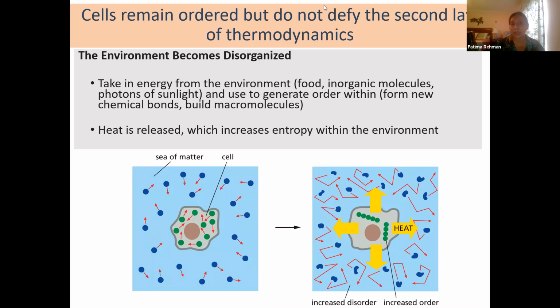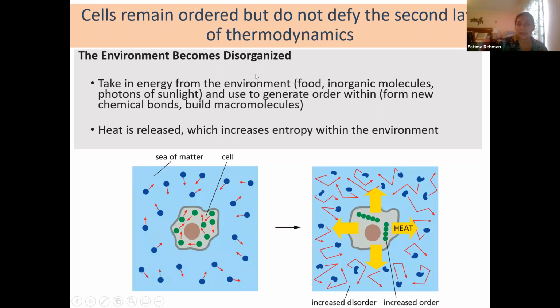And that heat, when it is released, is what our body uses to maintain our body temperature, but it can also be used to do work in our environmental system. And secondly, overall, what we end up doing is creating entropy within the environment that we are surviving in. So while we are maintaining order inside, we are creating disorder outside.